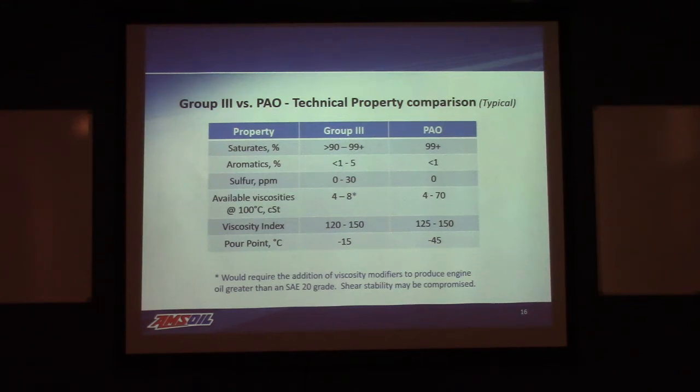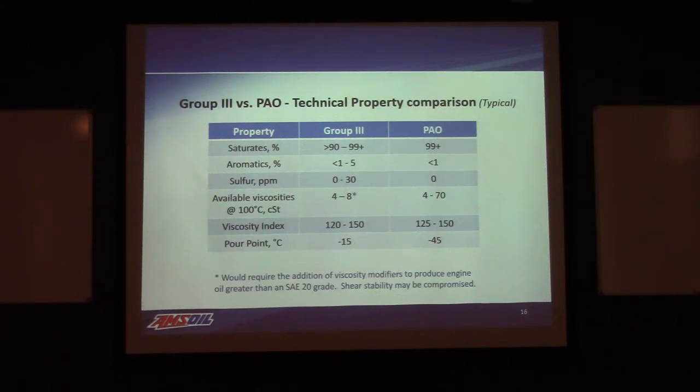Viscosity indexes, again, they're pretty much the same on there. Some of that is adjusted through the use of additional chemistry. A big issue, however, is low temperature performance. Synthetic PAO is going to function at significantly lower temperatures than even a group 3 is going to. So there's a big advantage there.